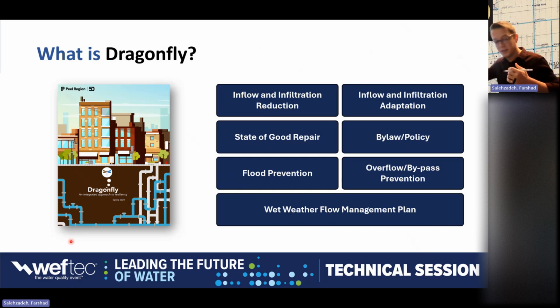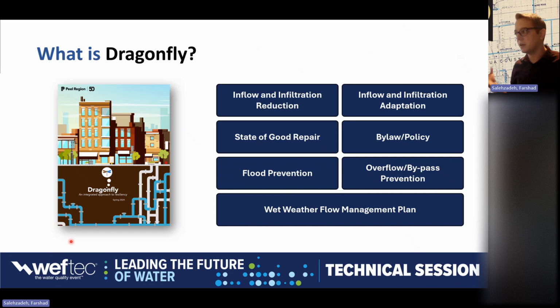From this, we get into what is Dragonfly. So Dragonfly is this booklet that I'm holding in my hands. It's very slickly, nicely designed. It's only a few pages, and the topic of this presentation is to explain what this document is. Depending on who's reading it, they would think of this as inflow and infiltration reduction.